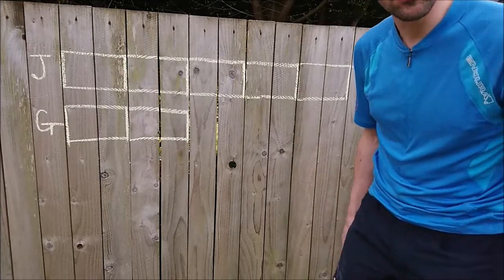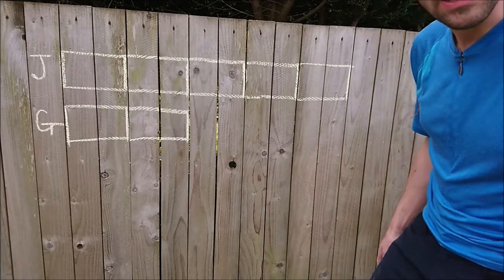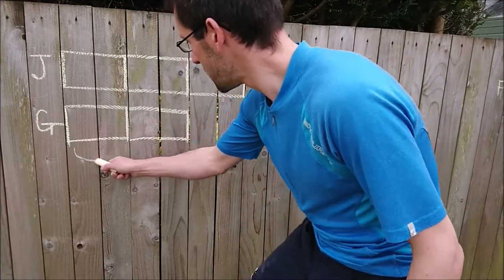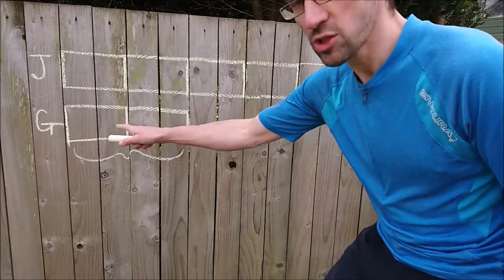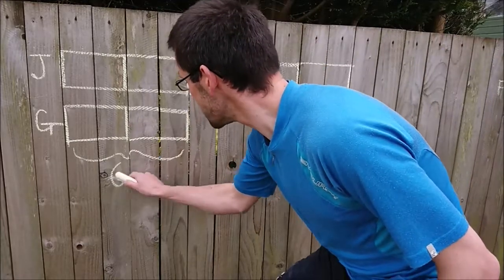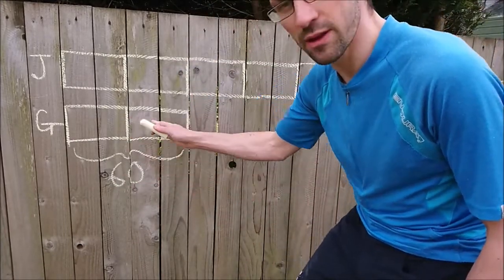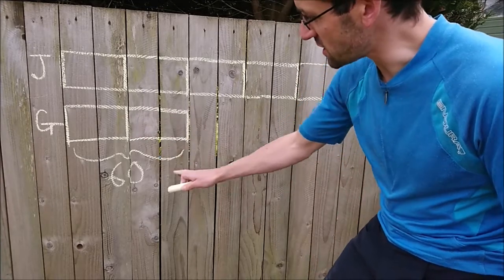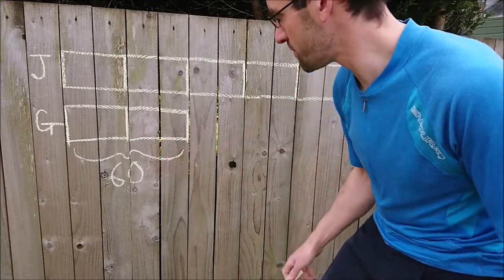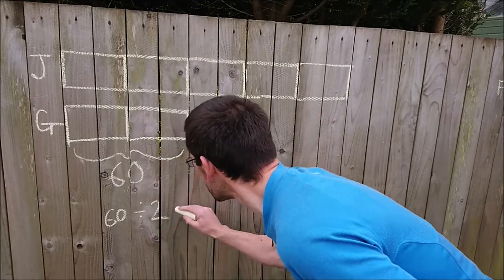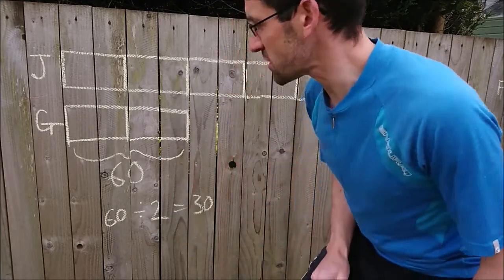Now if I told you that George got £60, I can show that on my diagram, that George's 2 boxes represent £60. And to work out the size of one part, I just need to divide 60 by 2, which is 30.